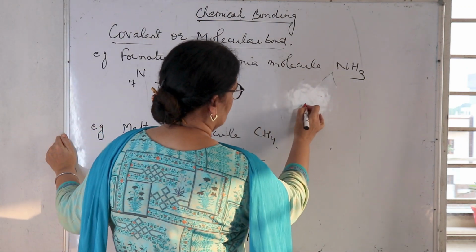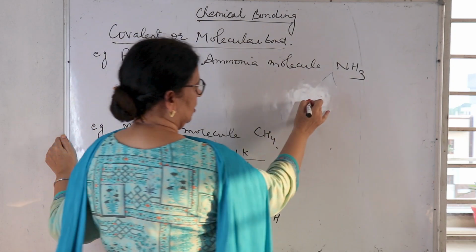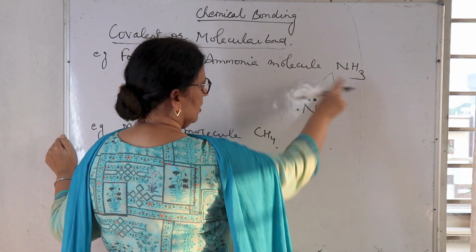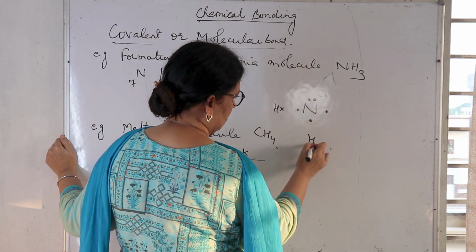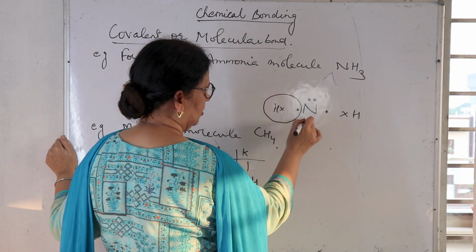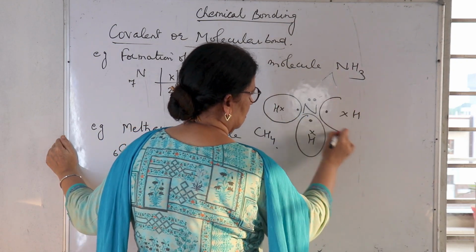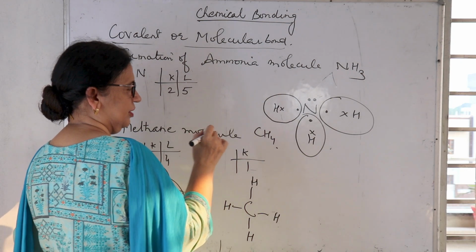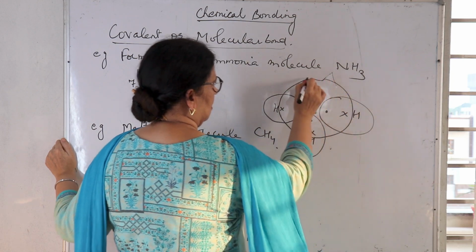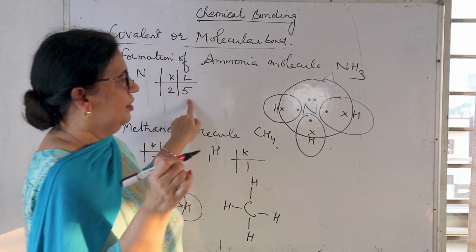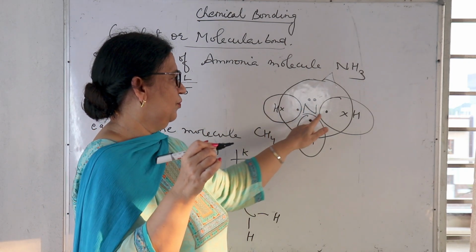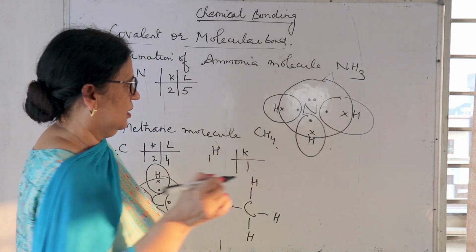Let us make the electrons of nitrogen 2, 3, 4 and 5. As 3 hydrogen are there, so 3 hydrogen. Let us complete the K shell of each hydrogen. This is the K shell of each hydrogen, and now let us complete the L shell of nitrogen with 8 electrons. So 2, 3, 4, 5, 6, 7 and 8 electrons.